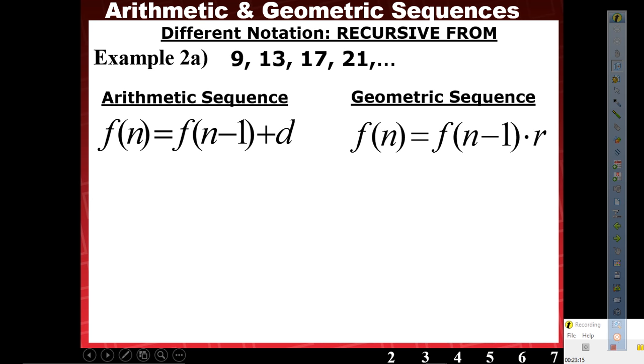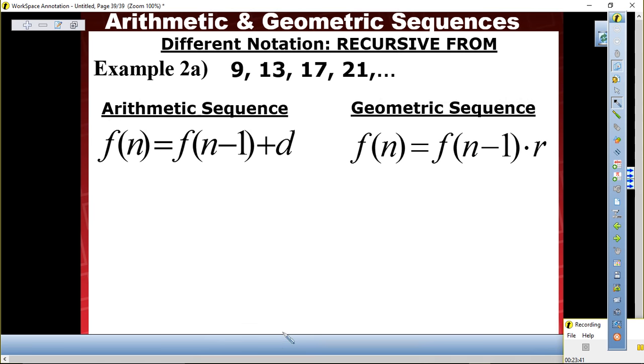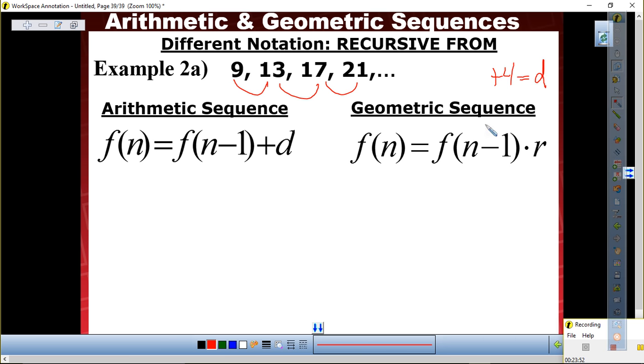I mean D or R, sorry. Here we go. So with that said, what was the pattern, everyone? They're adding 4, is that correct? Yeah. So therefore, if they're adding 4, this is what we call the common difference, yes? Okay. So if it's a common difference, which formula are we going to use? It's for the arithmetic sequence.